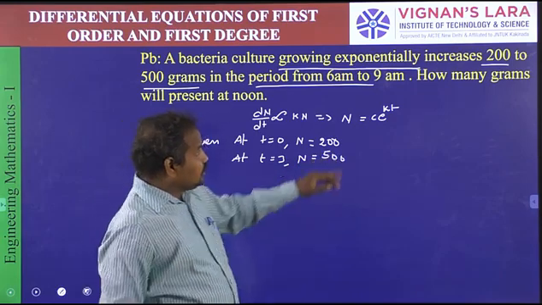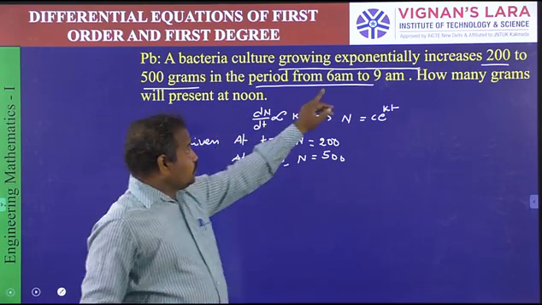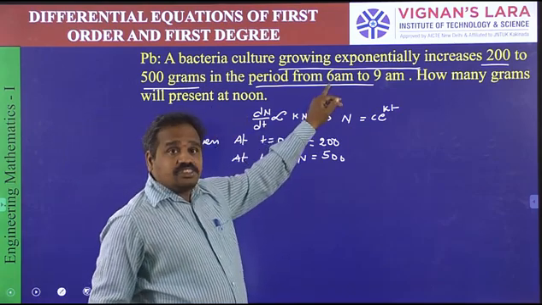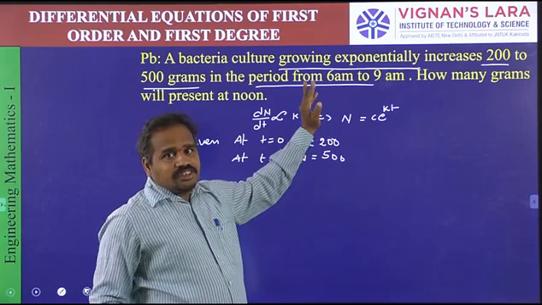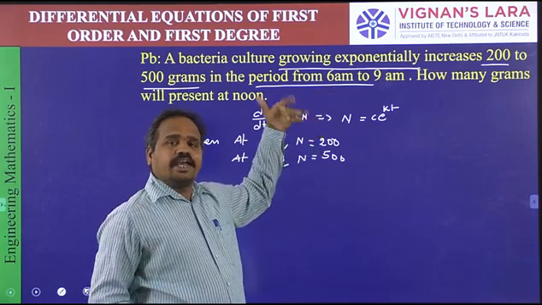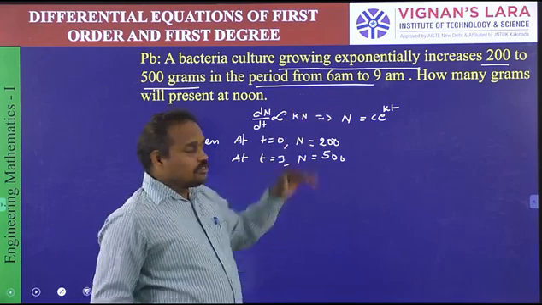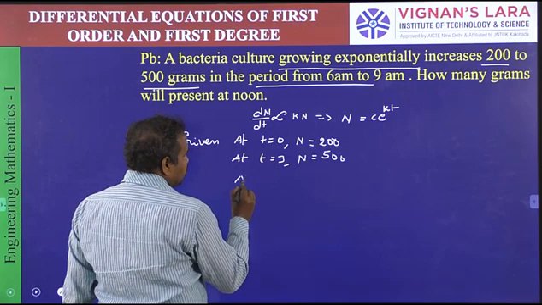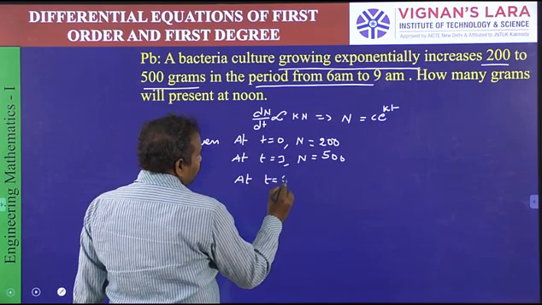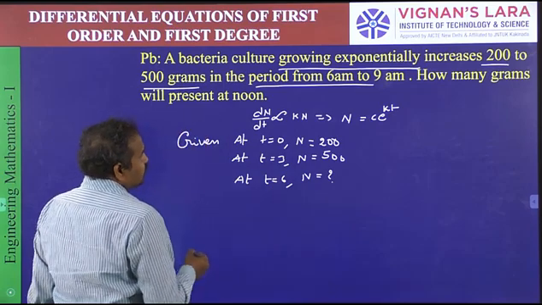Then what is our question? How many grams will be present at noon? The difference between 6 a.m. and noon is 6 hours. So at t is equal to 6 hours, we have to calculate the value of N.